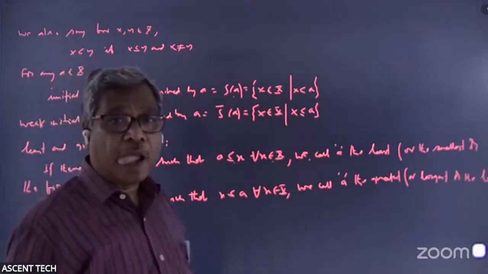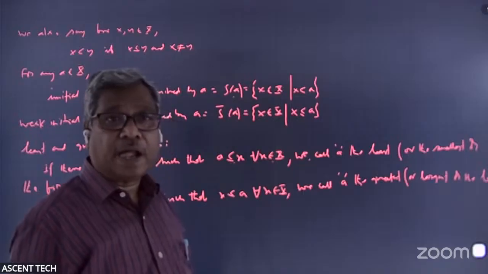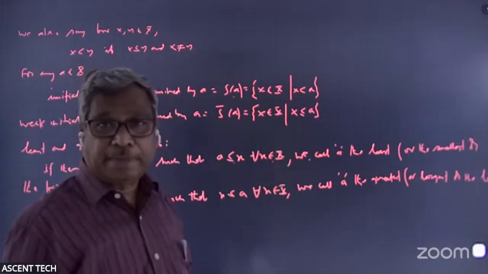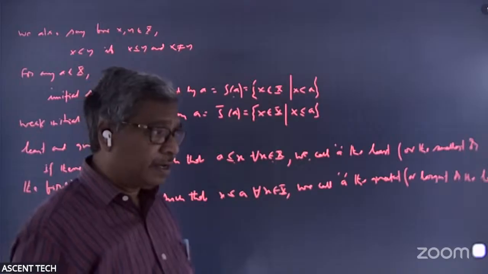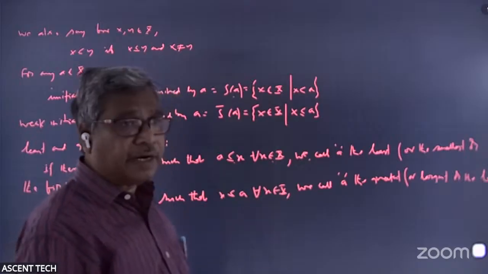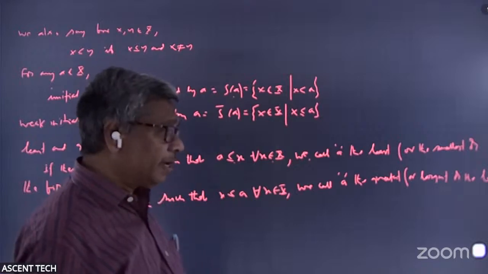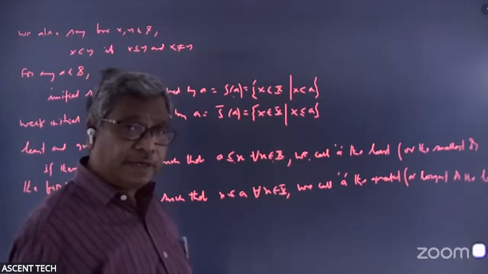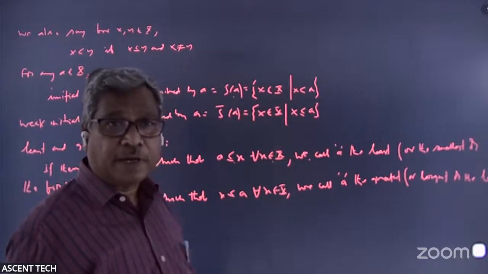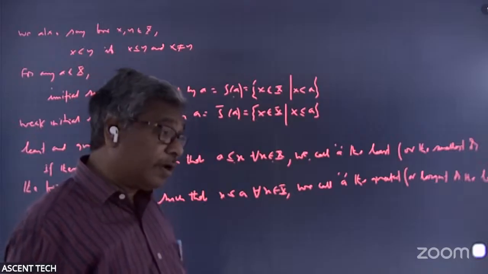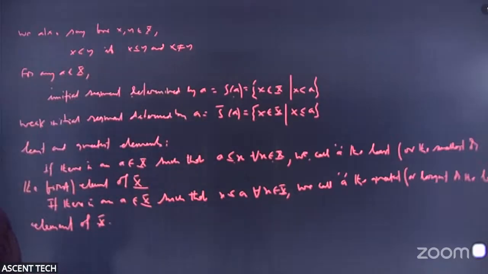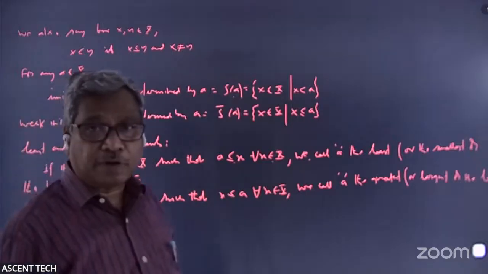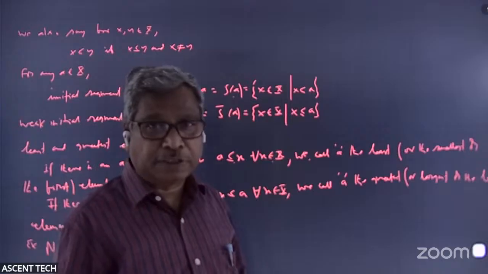There's no guarantee you need to have a greatest or largest element. For example, if you look at the set of all natural numbers with the ordinary inequality, it has least element 1, but there's no greatest element. If I write the ordering in a reverse way, x is less than or equal to y if minus y is less than or equal to minus x, then you won't have the greatest element. Anyway, I think you understand that. Some authors also include 0 in the set of natural numbers and use the symbol omega.